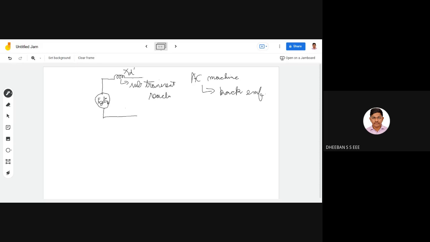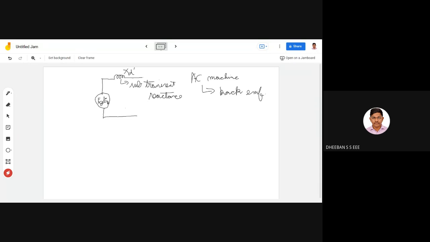Why consider this X"d? There might be a sudden amount of current flow over this network. If this is absent, it becomes a very tedious process to measure that current.